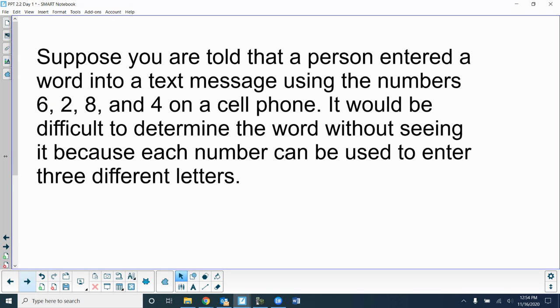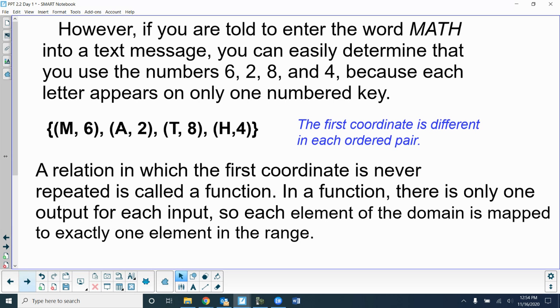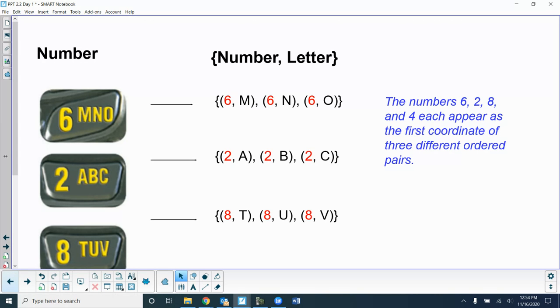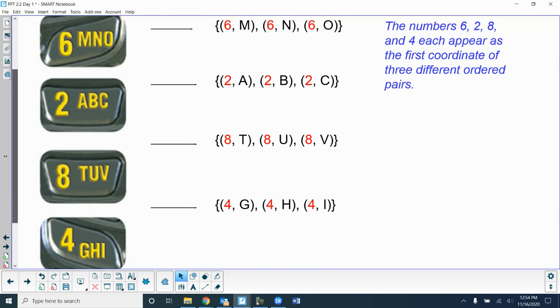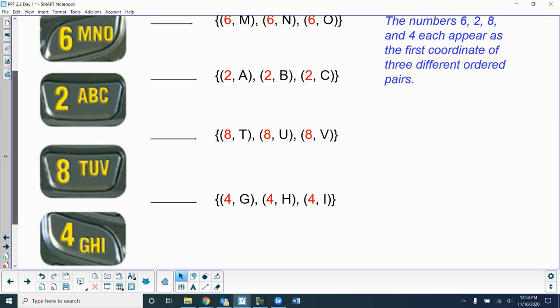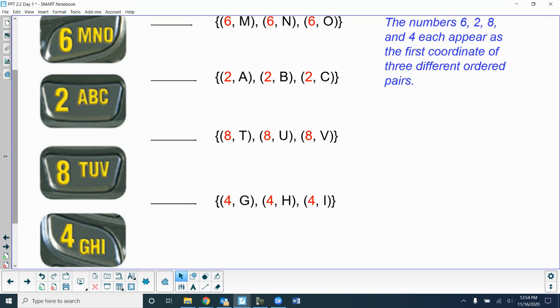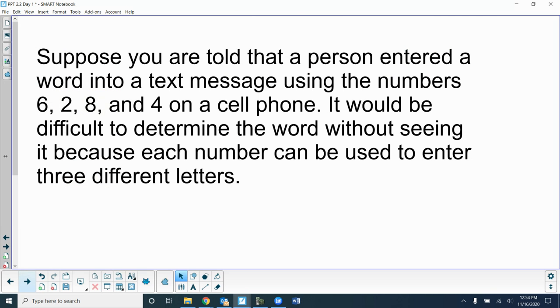But if you knew they were supposed to type in the word math, then you know you'd hit the 6 once, the 2 once, the 8 once, and then the 4, I forget now. Once or twice, yeah. So you hit 6, 2, 8, and then you hit 4 twice, and then math would come up on your screen. So that's the old way they used to do it, okay?